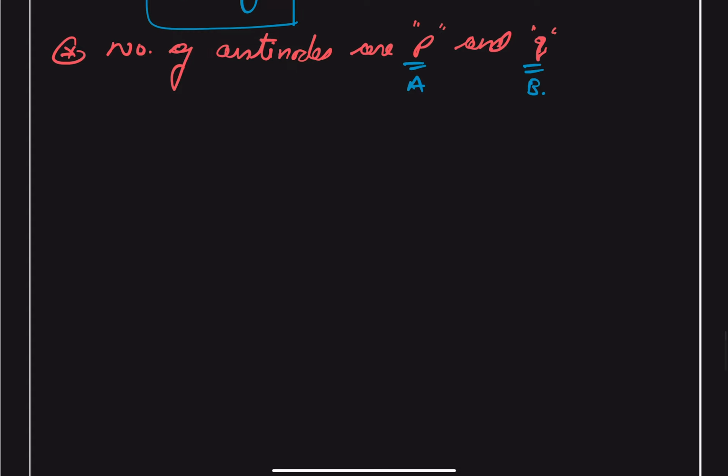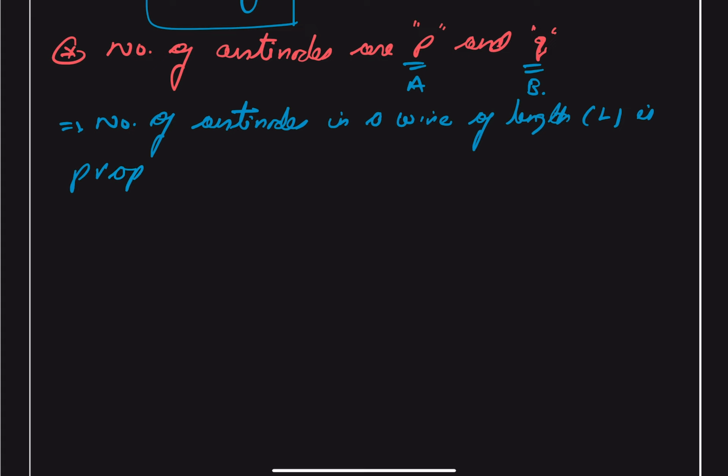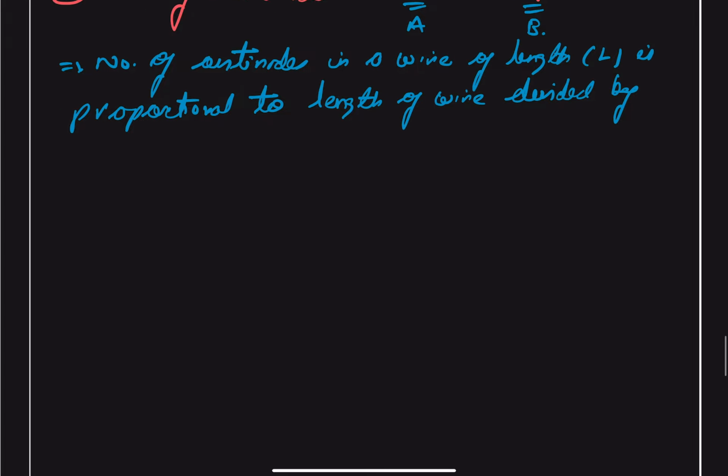So basically it means length divided by half the wavelength.